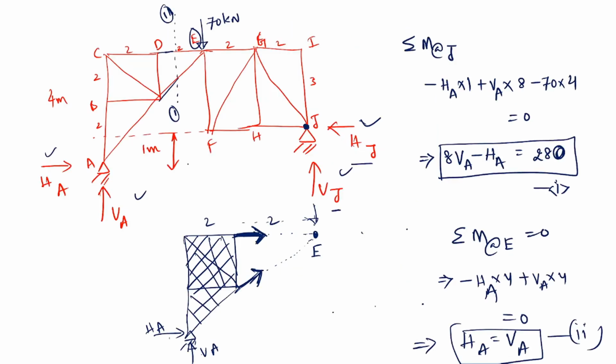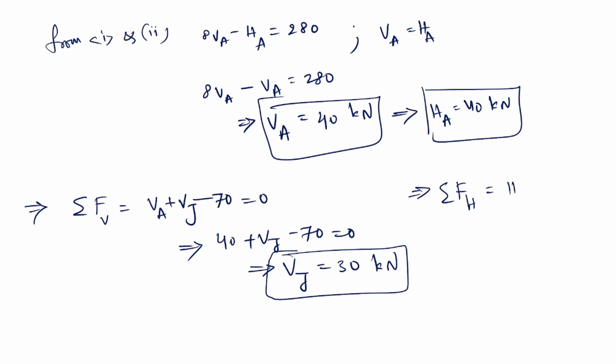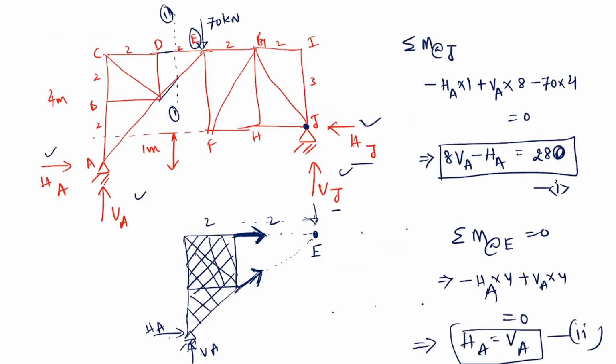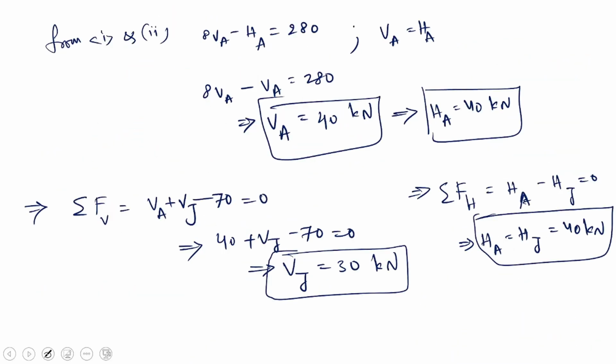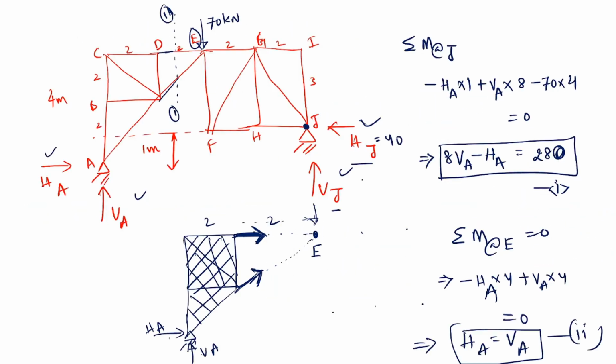So HA minus HJ equal to 0, so HA equal to HJ equal to 40 kilonewton. Now I found all the reactions: 40, 30, 40, 40.